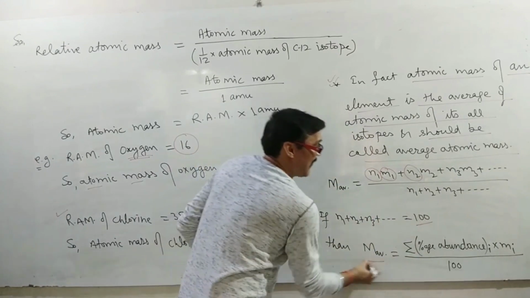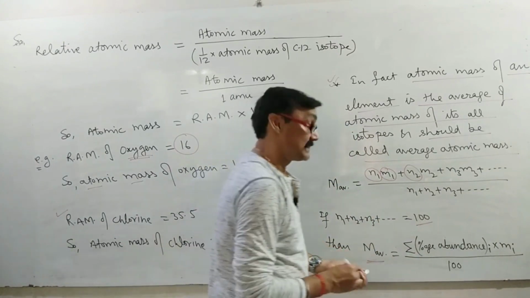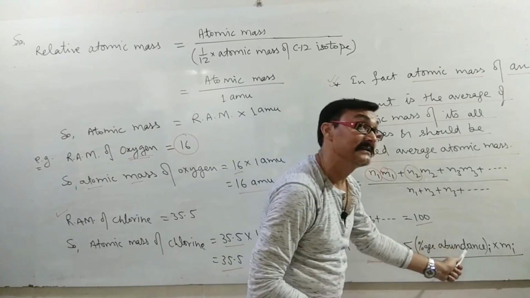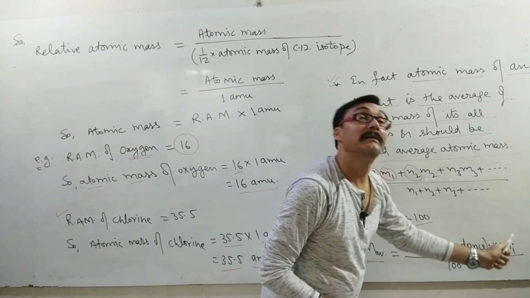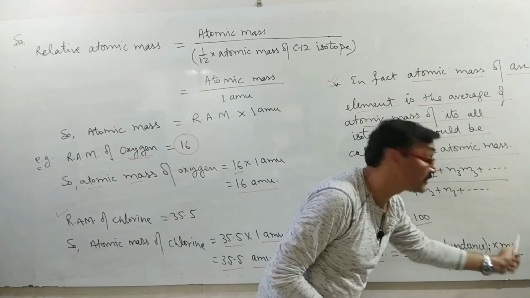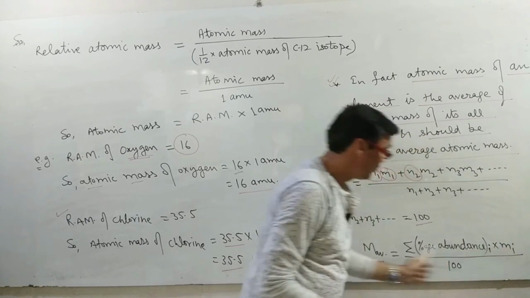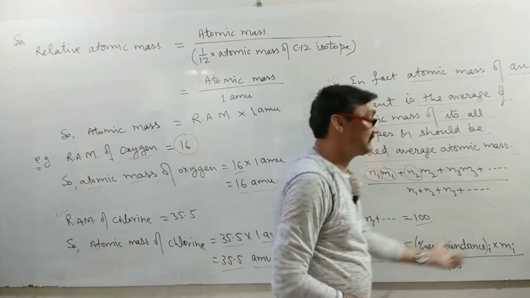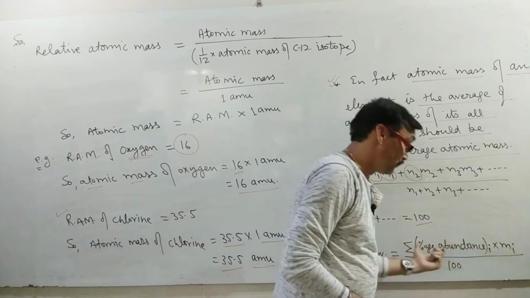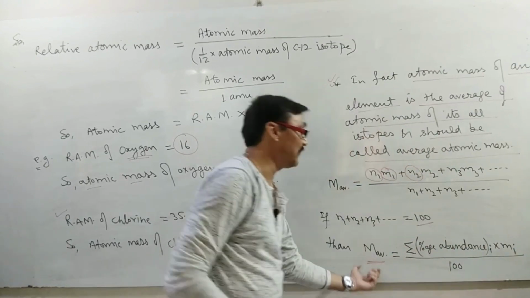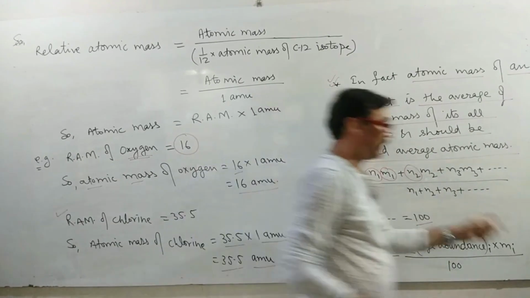Therefore, average atomic mass is equal to the summation of percentage abundance multiplied by molar mass of isotopes, divided by 100. That is, add all the products of percentage abundance and molar mass and divide by 100, then you will get the average atomic mass.